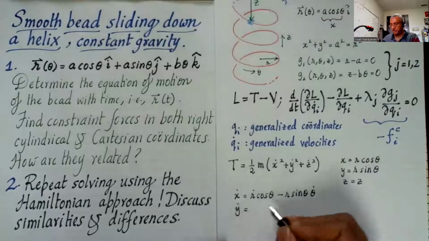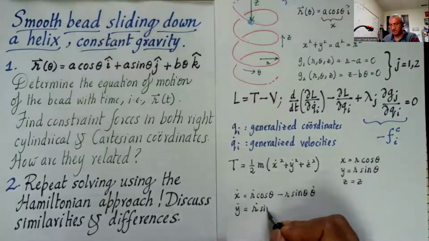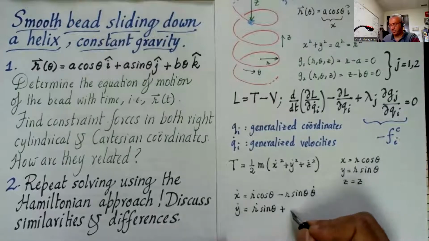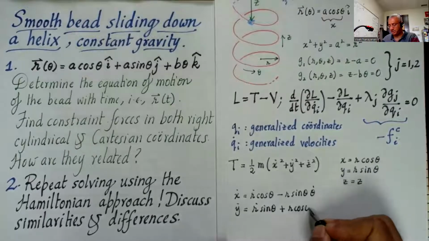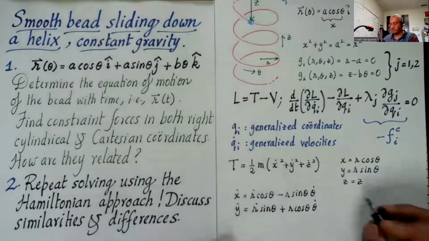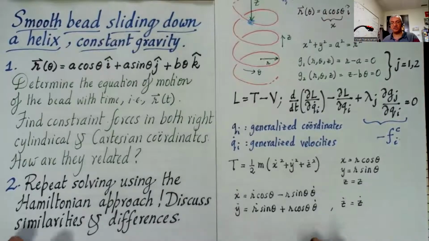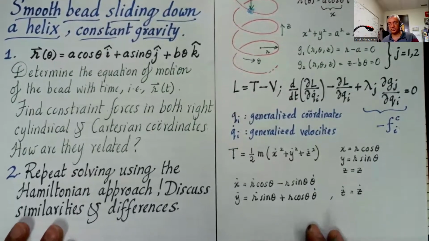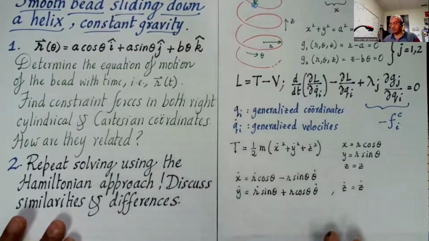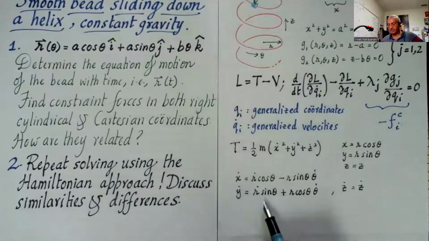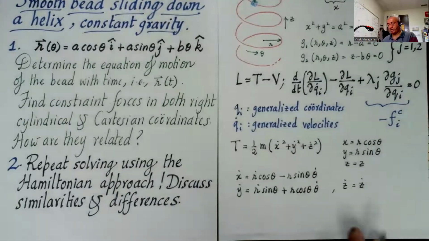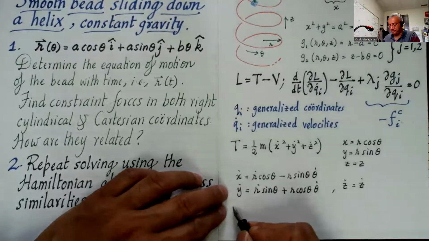And y dot is going to give me r dot sine theta plus r cosine theta theta dot. Z will not change in the right cylindrical system. Now all I have to do is substitute x dot and y dot and square them and add everything together. So let me do that algebra next.